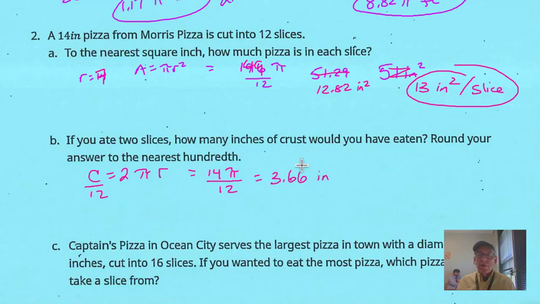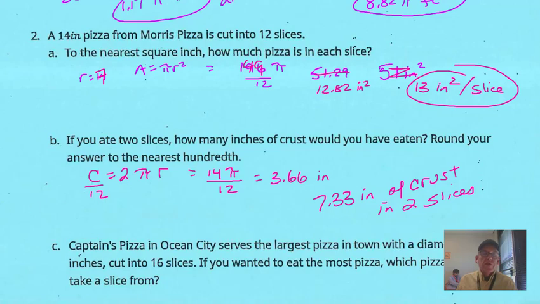Now, they're talking about 2 slices, so we double that. And it comes out to be 7.33 inches. So in 2 slices, we have 7.33 inches of crust.